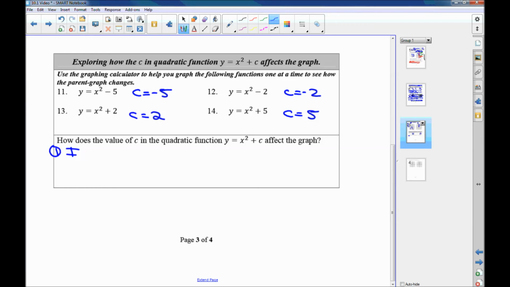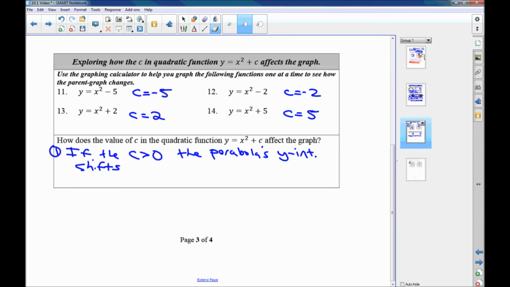So number 1, if the c is greater than 0, the parabola's y-intercept shifts up. Now you might say, oh, it's the vertex that shifts up c spots.